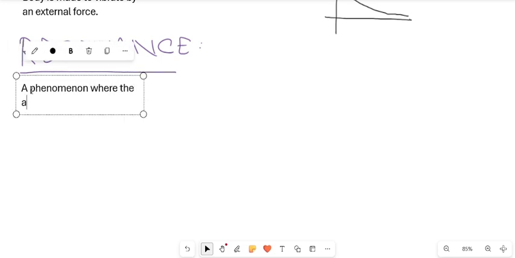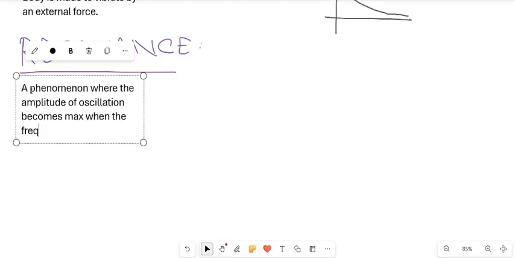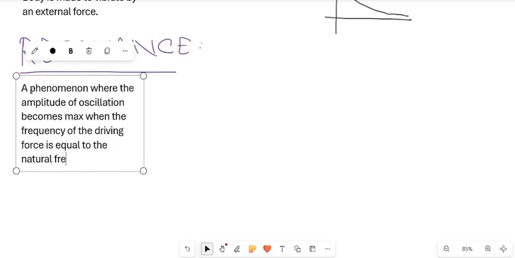where the amplitude of oscillation becomes maximum when the frequency of the driving force is equal to the natural frequency of the system.